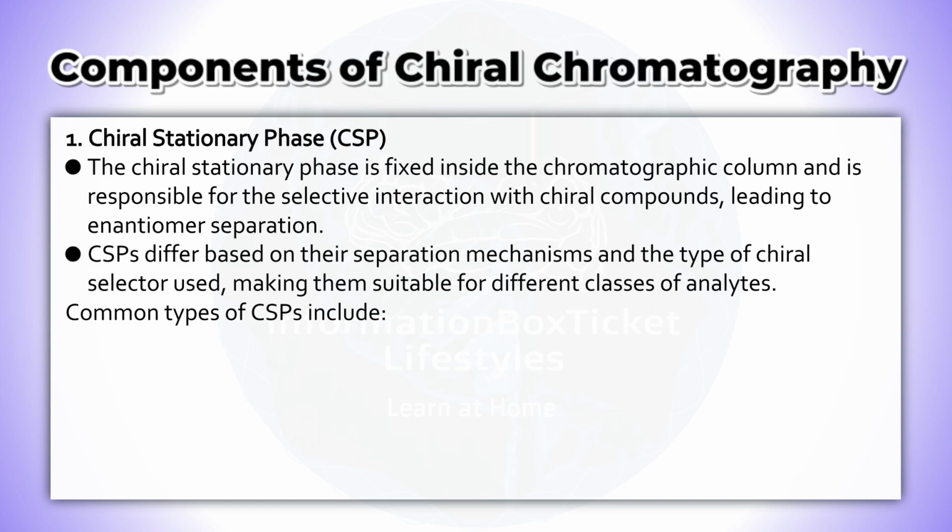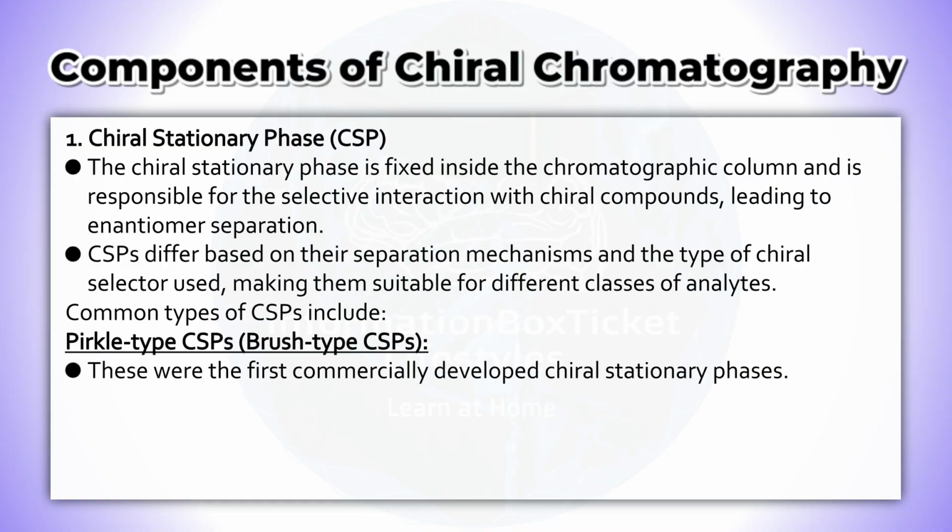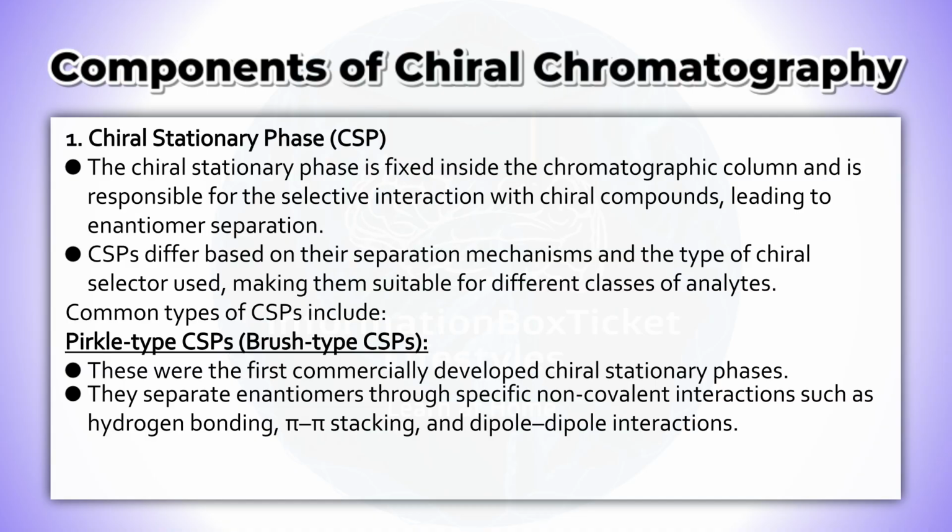Common types of CSPs include Pirkle-type CSPs, also called brush-type CSPs. These were the first commercially developed chiral stationary phases. They separate enantiomers through specific non-covalent interactions, such as hydrogen bonding, pi-pi stacking, and dipole-dipole interactions.